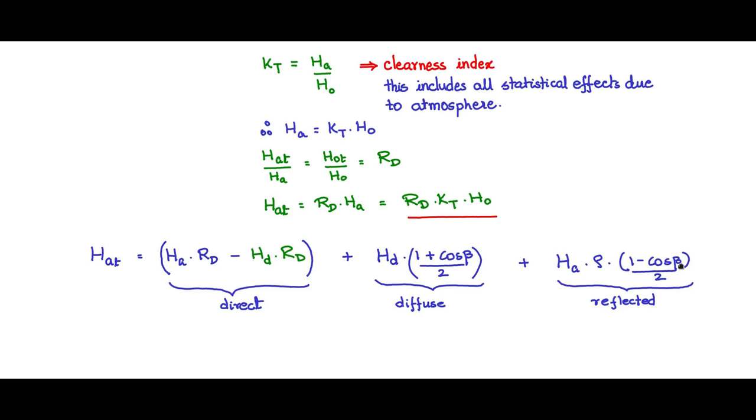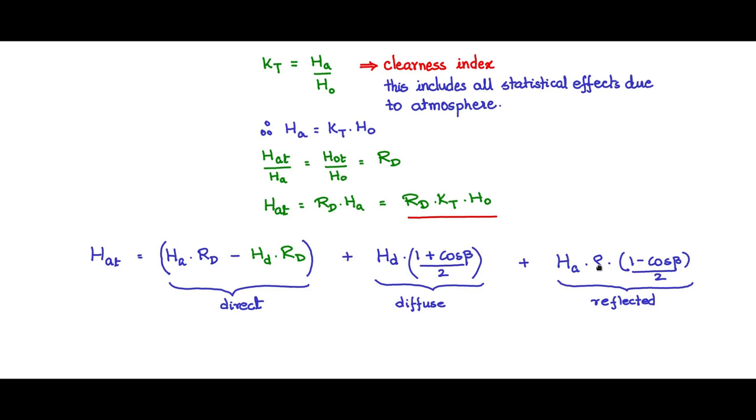See, when the tilt is 0, means when you keep the flat plate horizontal, beta is 0. So 1 minus 1, so there is no reflected component on a flat plate collector which is placed horizontally. So that is the argument with which this empirical relationship has been brought about. Rho is a reflection coefficient. It actually depends upon the terrain.